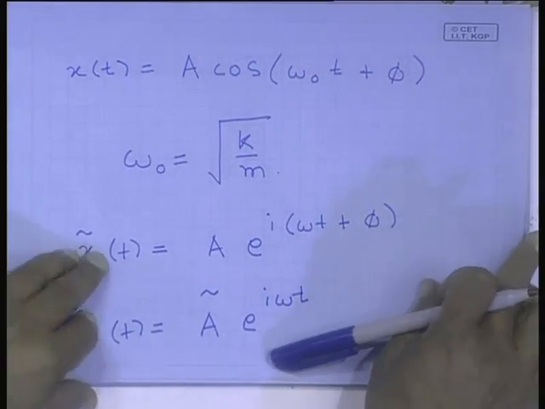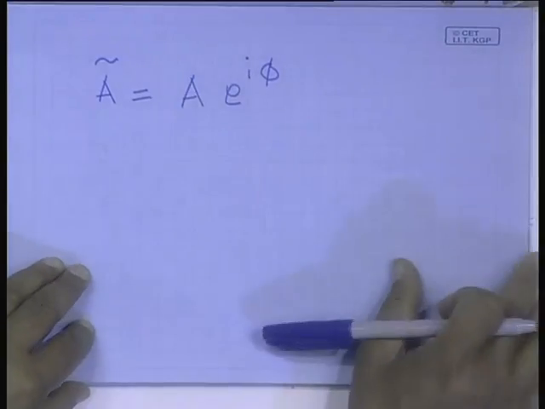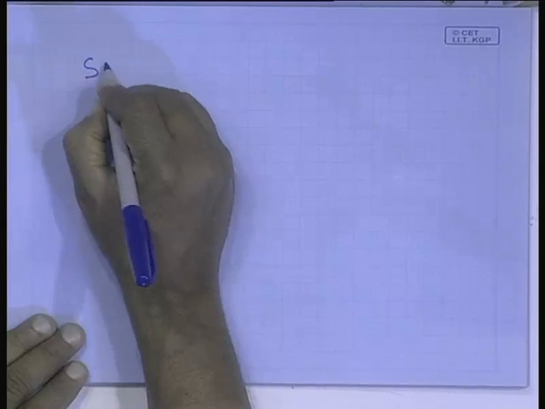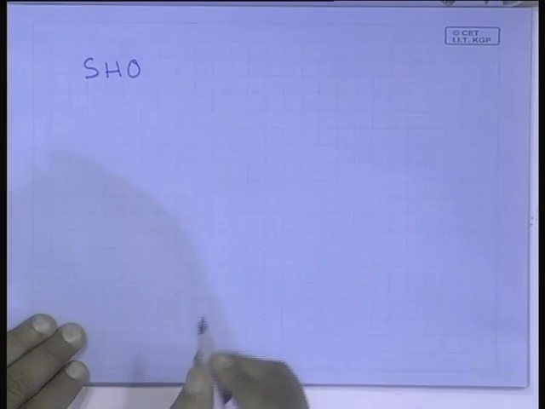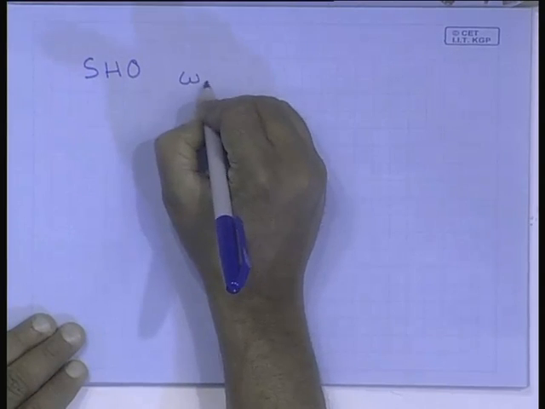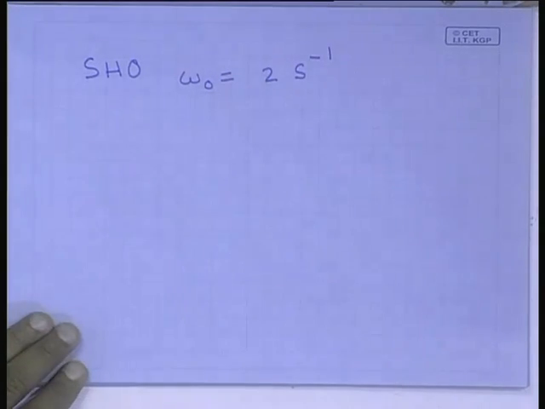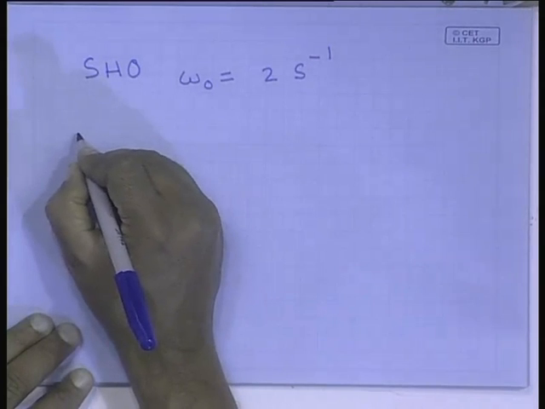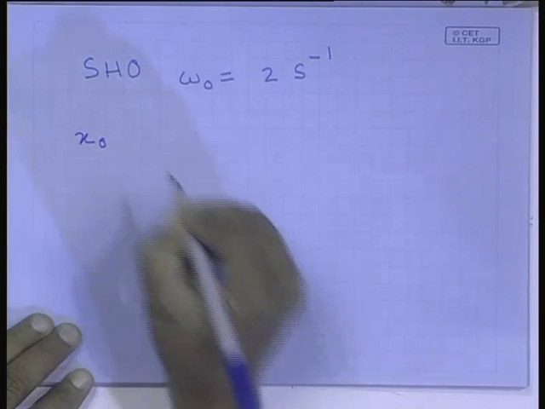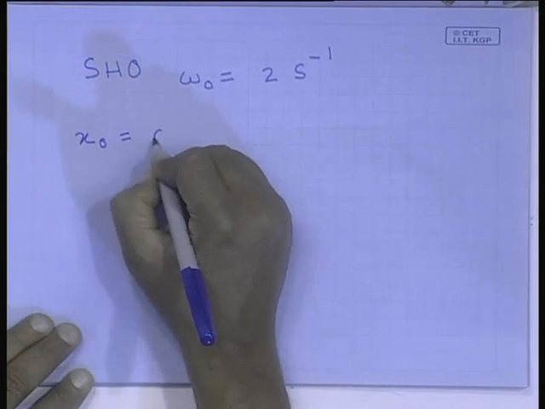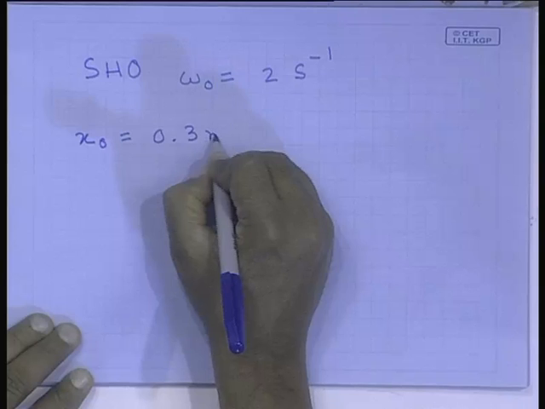Let us now consider a simple example where we shall apply the complex notation. So, we consider a simple harmonic oscillator with omega naught equal to 2 second inverse, and we are given the information that the simple harmonic oscillator has an initial displacement of 0.3 meters.